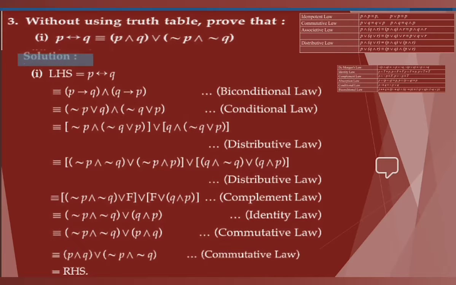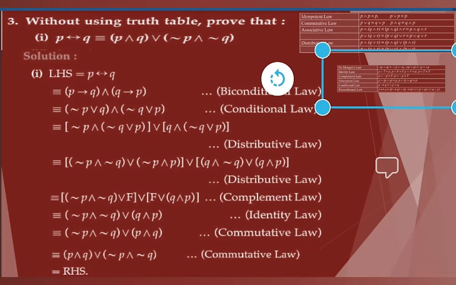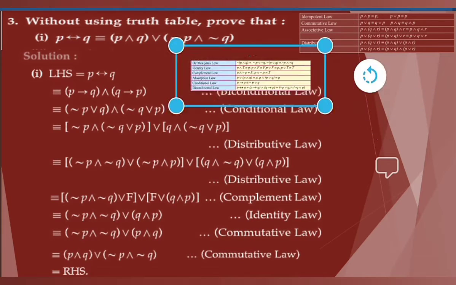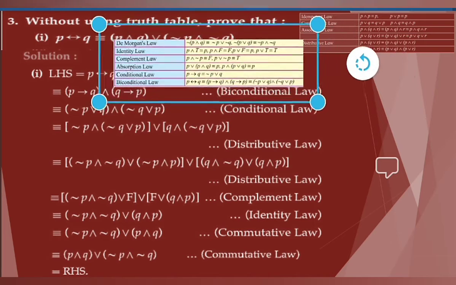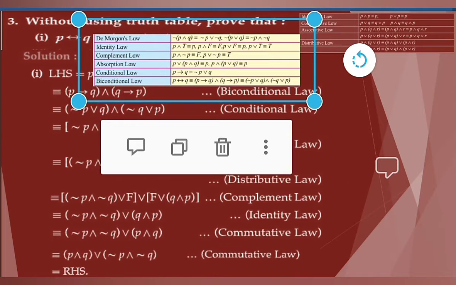Solution. Take the LHS, P biconditional Q, and we use the biconditional law here. If you forget, see the table again. Biconditional and conditional we already learned in the previous lecture. Biconditional law means P biconditional Q is equivalent to (P implies Q) and (Q implies P).